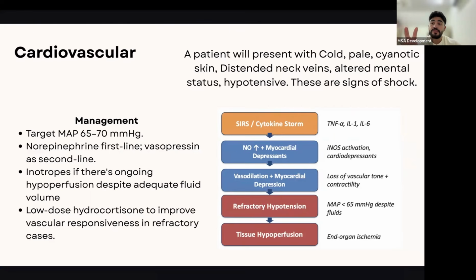This is going to cause nitric oxide to be increased, causing mass vasodilation all over. It's also going to depress the myocardial muscles, causing them to lose contractility, causing them to lose their vascular tone, right? And then they're going to have refractory hypotension. And what defines refractory hypotension? When your mean arterial pressure is less than 65 despite all fluid interventions. And this will lead to tissue hypoperfusion, causing ischemia.